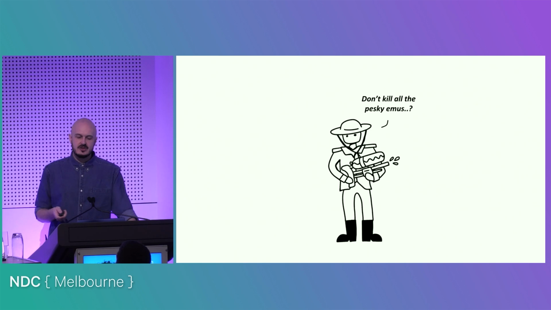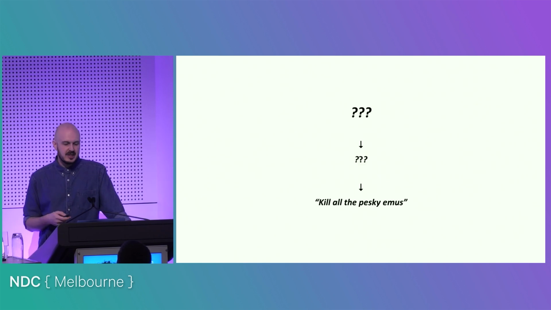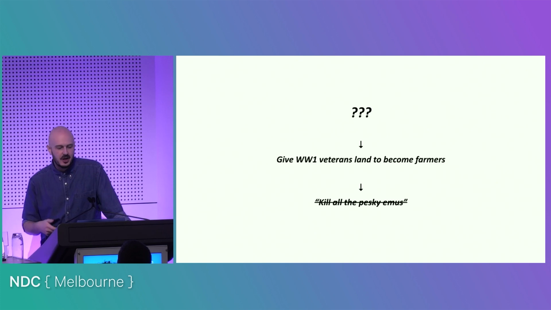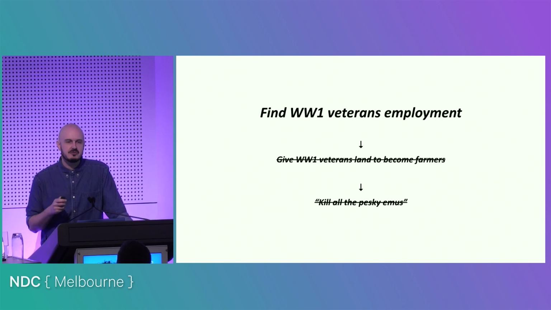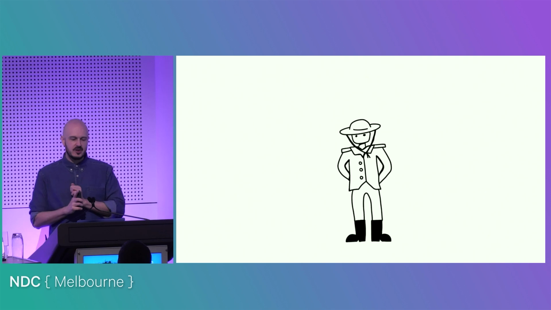So in reality, the goal was never kill all the pesky emus. That was simply an implementation detail of a possible solution to the real problem of how to find the returning soldiers employment. Now, I must also admit to you that I am not an expert in the early 1900s Australian job market. Unfortunately, they didn't teach that back at school.